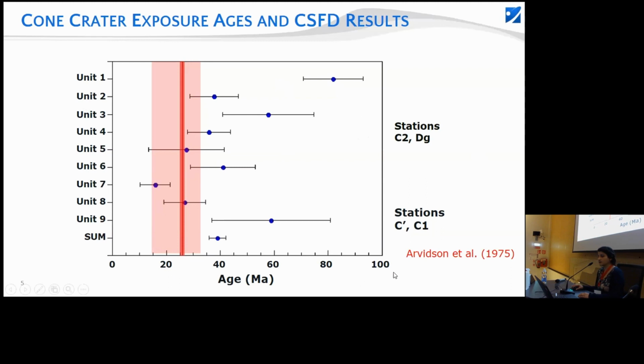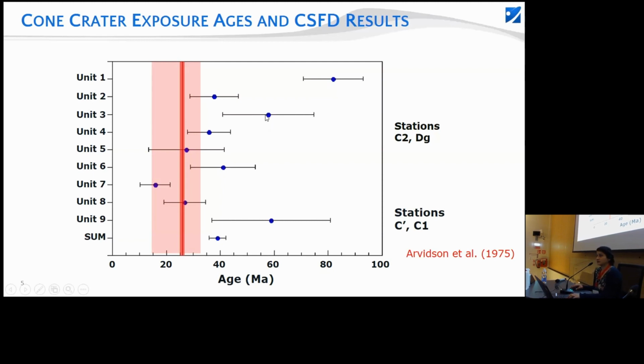And when we see Eriksson et al. exposure ages, these range from about 15 to about 30 million years. And these data points, the blue ones, are the absolute model ages that Harry got from his count areas, and the bars are the error bars on these ages.